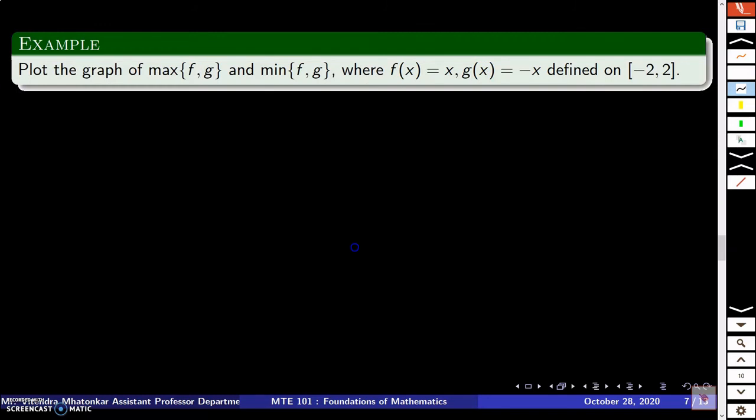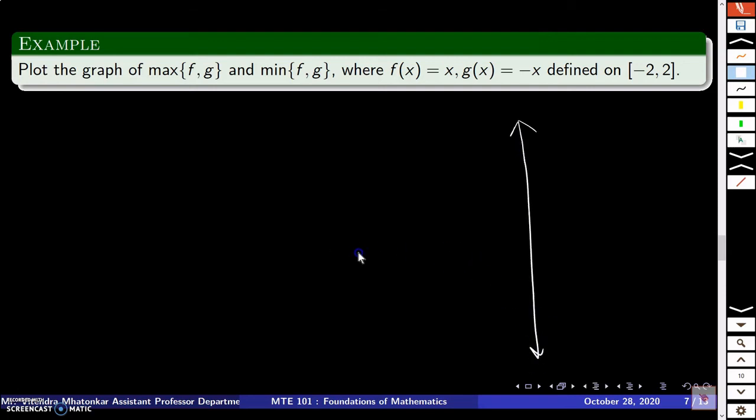Okay, so here is an example. Plot the graph of the maximum of f and g and the minimum of f and g, where f of x is equal to x and g of x is equal to minus x, defined on the domain minus 2 comma 2 closed. So let me plot those two functions and we will see how the graph of their maximum looks.